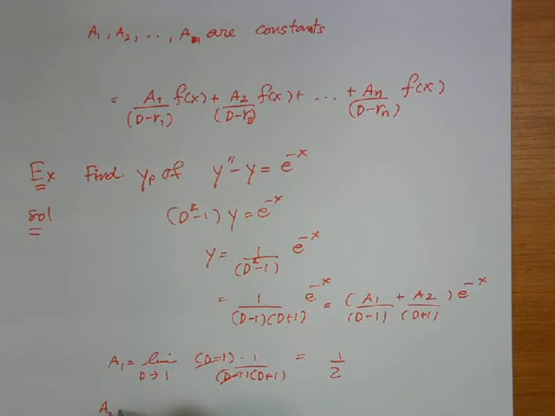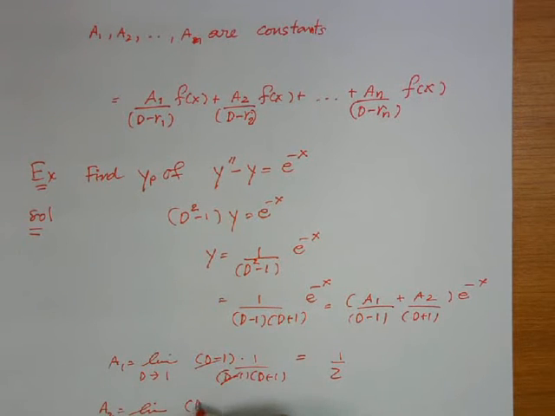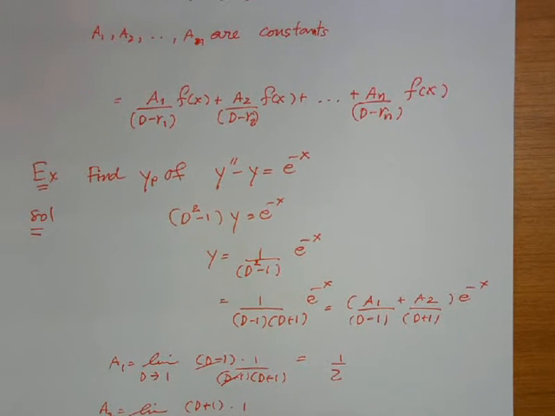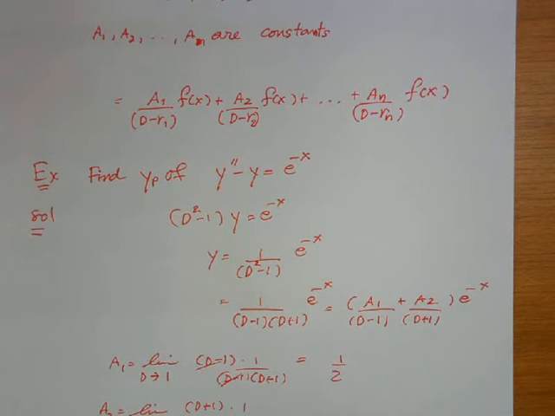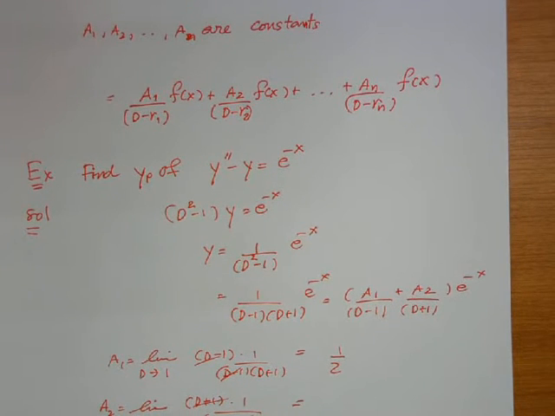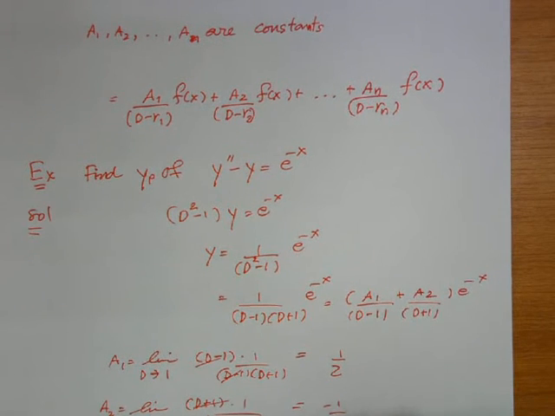Again for a2, D goes to what? Minus 1. Then you plug the value of D in there, and you would get a2 equal to minus 1 over 2.